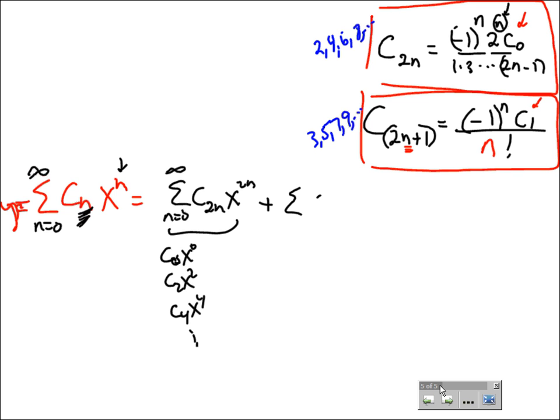The summation of C sub 2n plus 1 x to the 2n plus 1, where n again starts at 0.